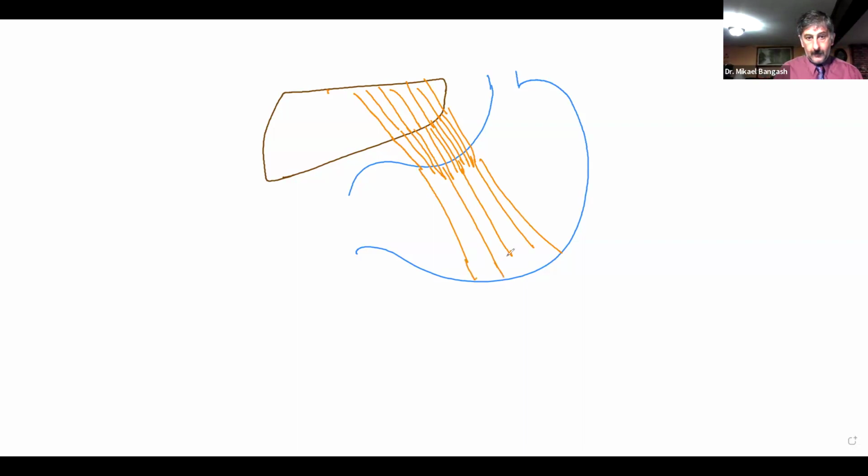At the greater curvature of the stomach, instead of just making a direct U-turn and going on to cover the posterior side of the stomach, the peritoneum is going to just continue down like this.